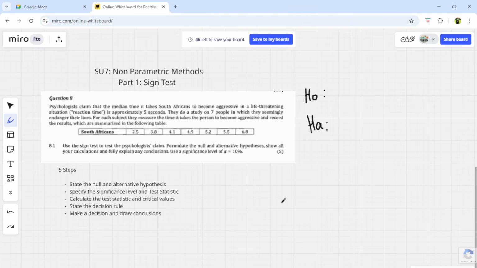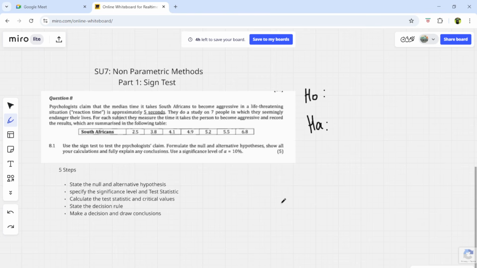For each subject, they measure the time it takes the person to become aggressive and record the results, which are summarized in the following table. This is for South Africans. So we have 2.5, 3.8, 4.1, 4.9, 5.2, 5.5, and 6.8. These are the reaction times of 7 people.